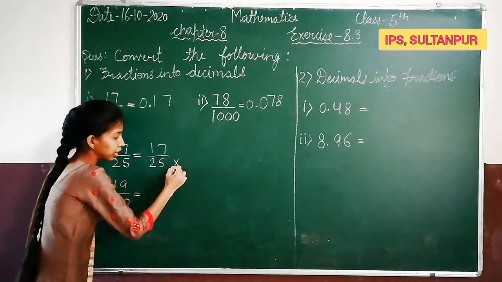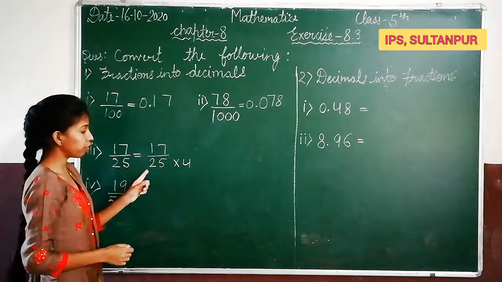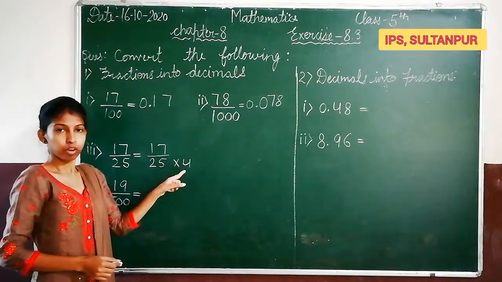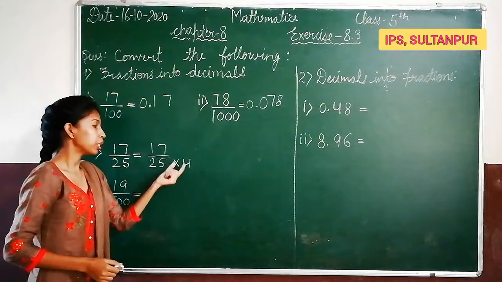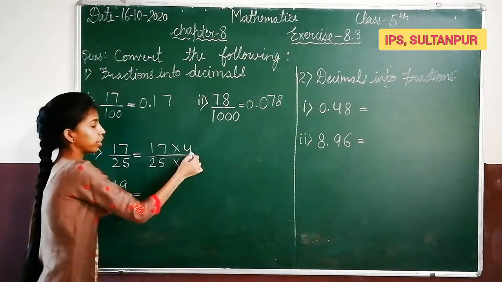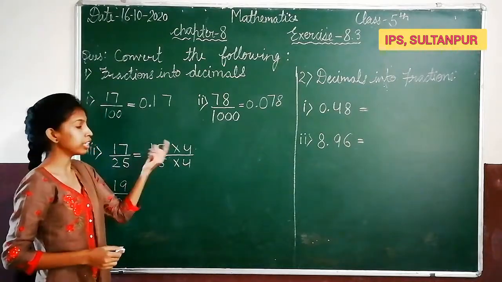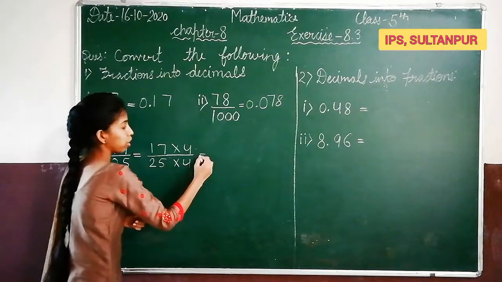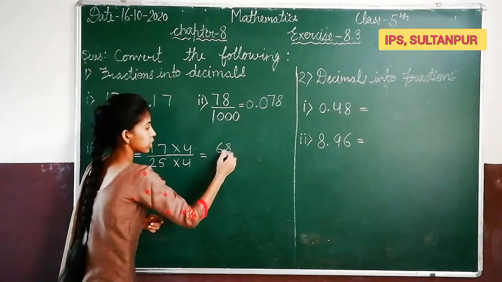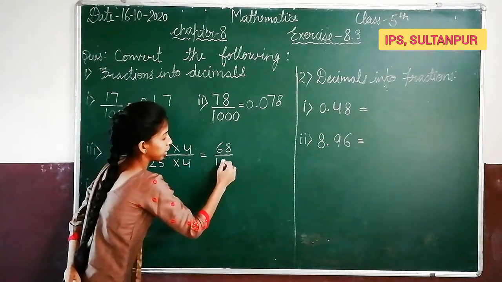When we multiply this 25 by 4, we get 100. So we will multiply this denominator by 4. And we will multiply the same number in the numerator, because whenever we multiply something in the denominator, we have to multiply in the numerator also. So this will be 17 times 4 is 68 and this will be 25 times 4 is 100.